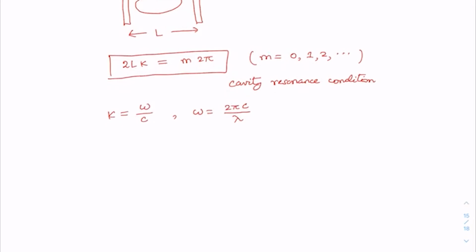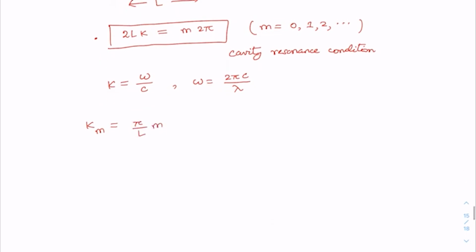So using this, we can write various resonance conditions. For example, the cavity allowed wave number from this relation would be k_m equal to pi by L into m.